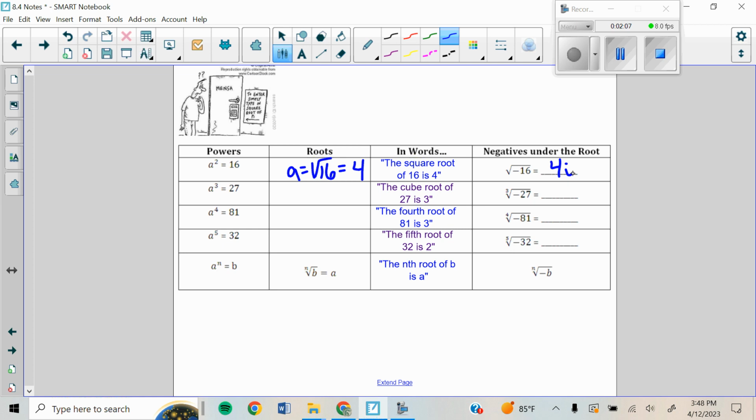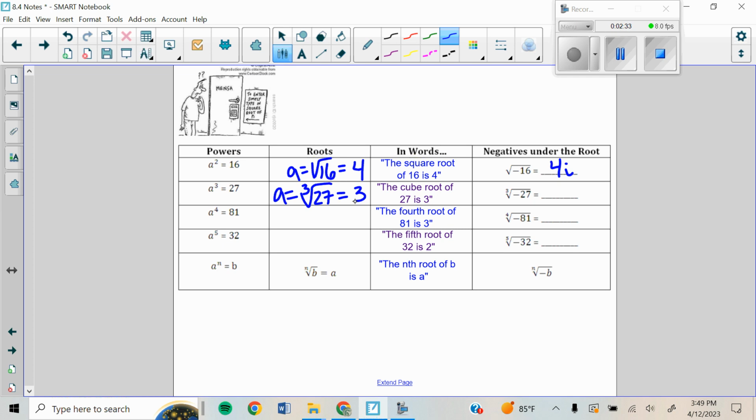If we have a cubed is 27, we're going to take the cube root of 27. So if you grab your calculators, you push that math button, number 4, that gives you the cube root of 27 is 3. Now, we're going to take the cube root of negative 27. Grab that calculator and plug that in.